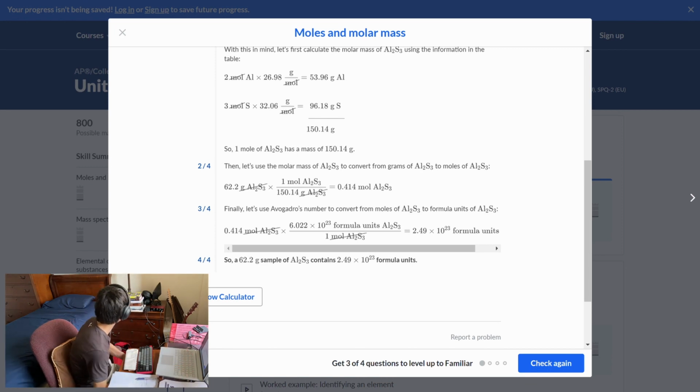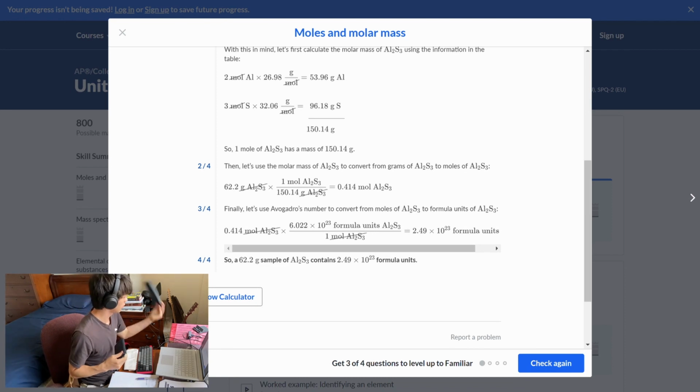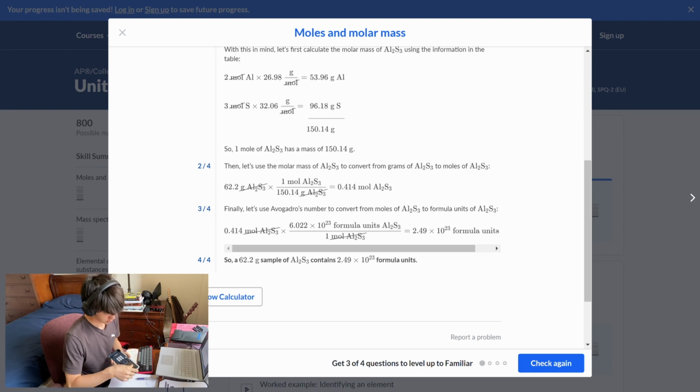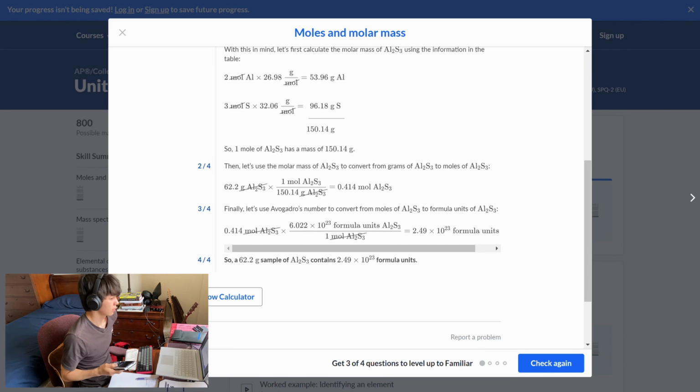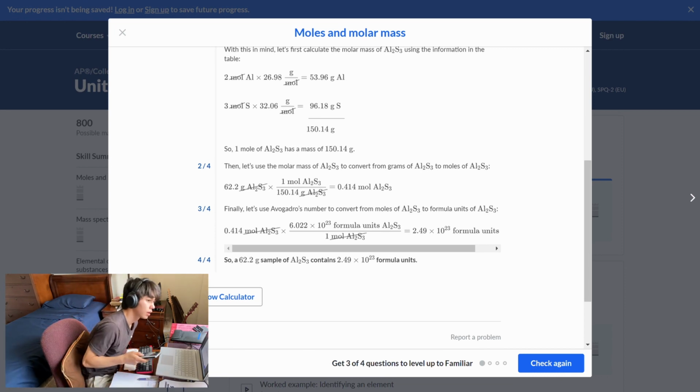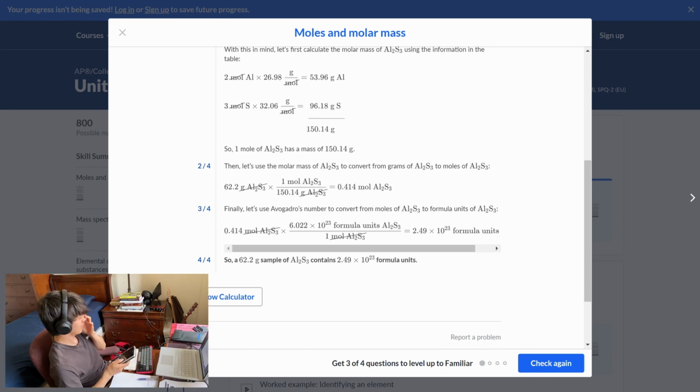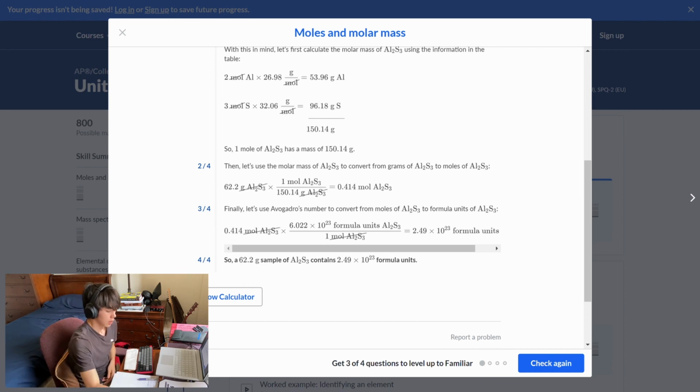Yeah, okay, give up time. Slap the calculator. We're using the calculator. I suck at this. Come on. .4.